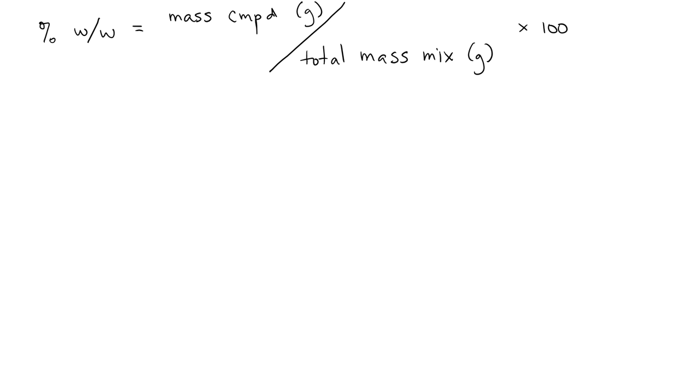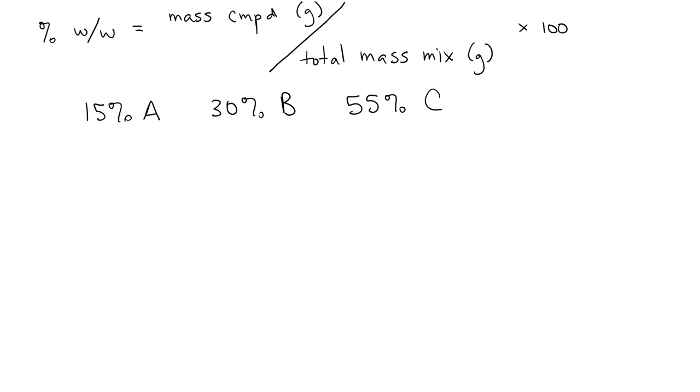So I'm going to make some stuff up right now. Let's say that you have a mixture that is 15% compound A, 30% compound B, and the rest, 15 and 30 is 45, 100 minus 45 is 55, 55% compound C. So we have this mixture with different percentages of each component in it.